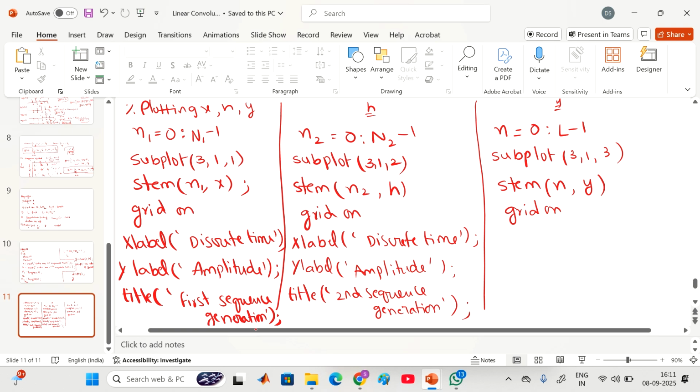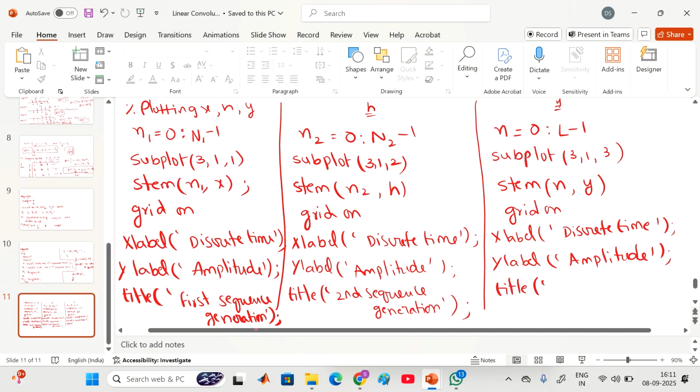Next, here also x label is the same, discrete time, y label amplitude, title. So what is the title? Output sequence generation or linear convolution of two input sequences, or you can write convolved output.